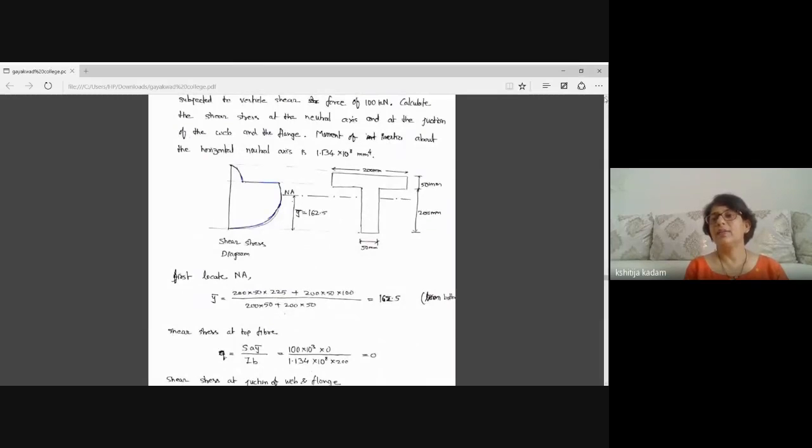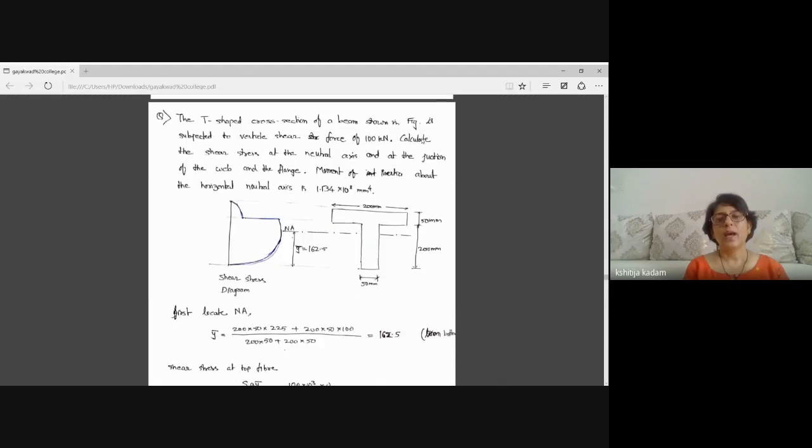Let us take one example here. I have a cross section in the shape of T. Okay, and my aim is to draw the shear stress diagram. So we can easily understand that at top fiber shear stress will be 0. Why?